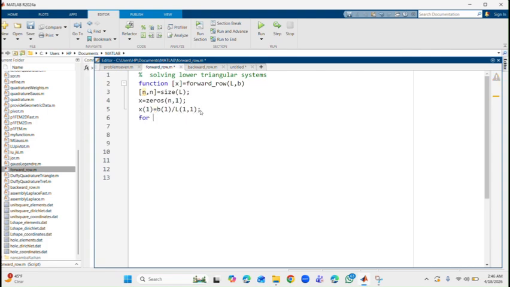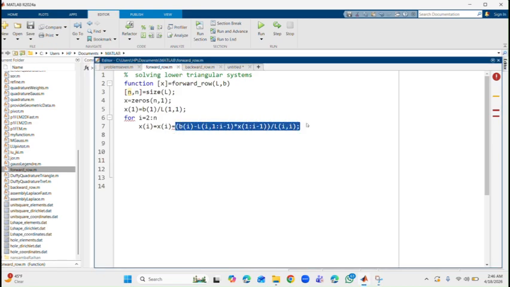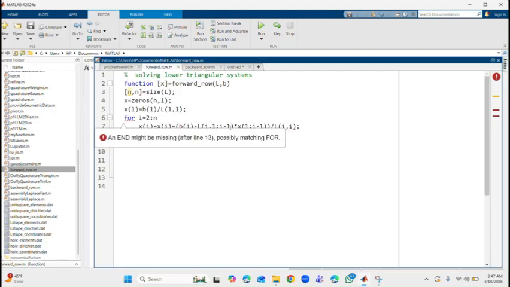Then I can use a for loop, for i equals 2 to n, because we have already done 1. We see that our xi is given by this. I'm getting this from the summation; the for loop creates the summation. I'm writing this exactly the way we had written it earlier.